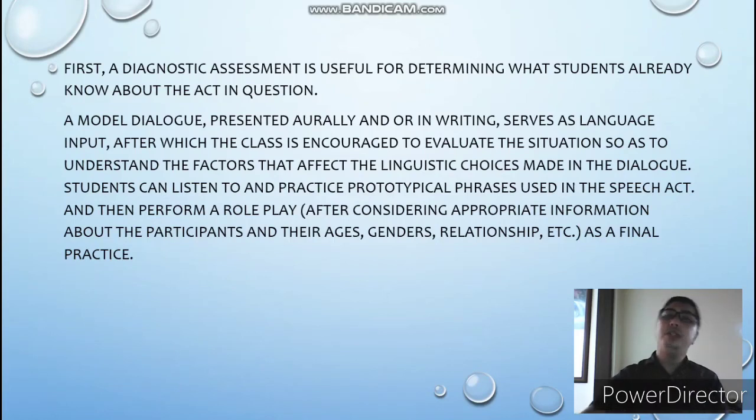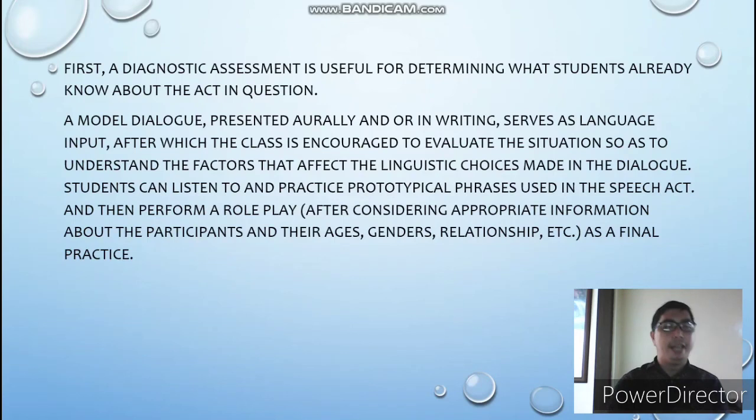So you can first talk about the issue which you want the students to present before the class. A model dialogue is presented orally and or in writing. So it's very important that you provide the students with model dialogues. It could be in writing or recorded, like videotapes, and serves as language input.